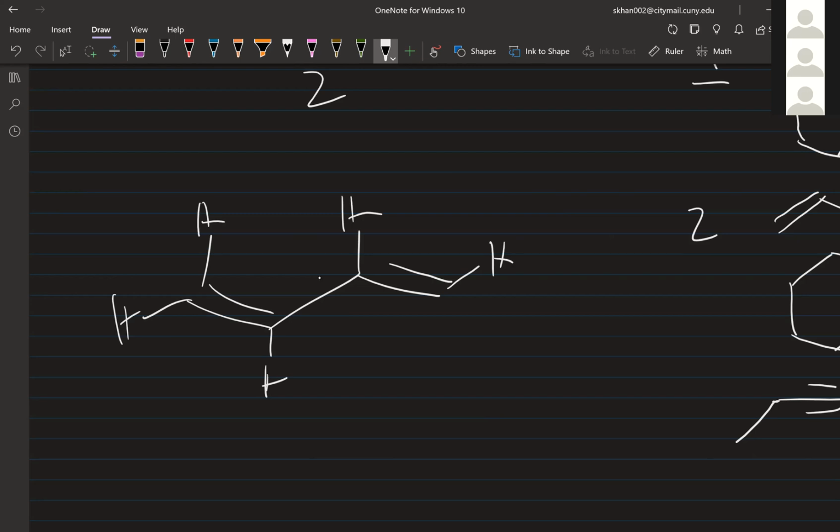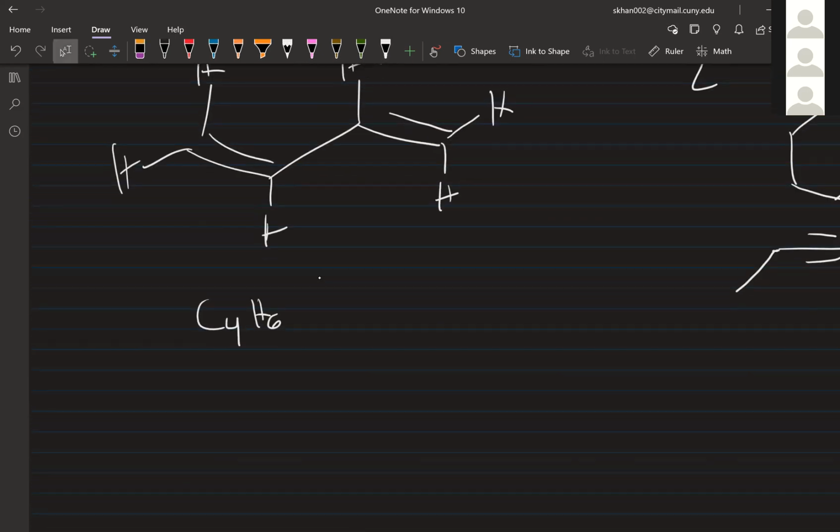It's 1,3-butadiene, your favorite Diels-Alder diene. So if we were to do the molecular formula, it would be 1, 2, 3, 4 carbons, so C4, and 1, 2, 3, 4, 5, 6 hydrogens, so H6. Now we could physically see there's 2 degrees of unsaturation here.